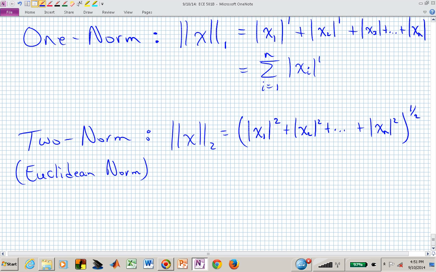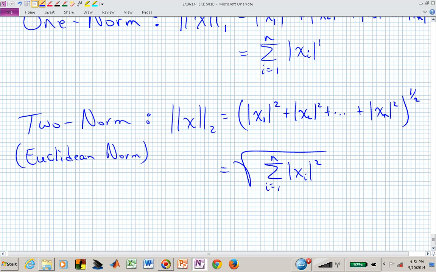And the 3 norm is the first coordinate cubed plus the second coordinate cubed raised to the 1/3 power, etc. Or you could write this now as the square root of this sum from i equals 1 to n of x sub i squared. That's the 2 norm, the Euclidean norm.